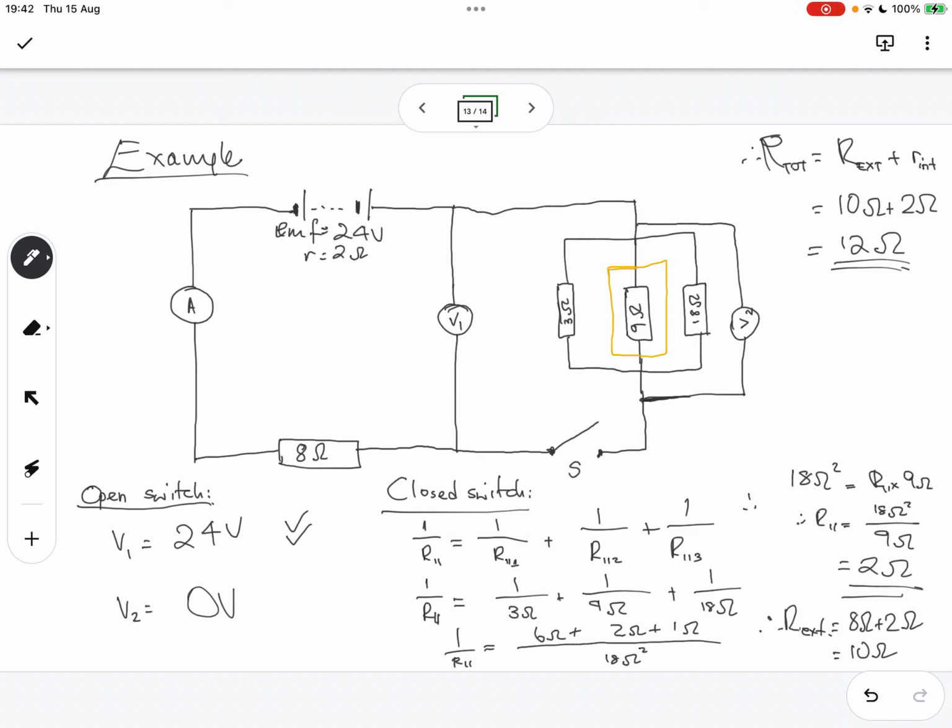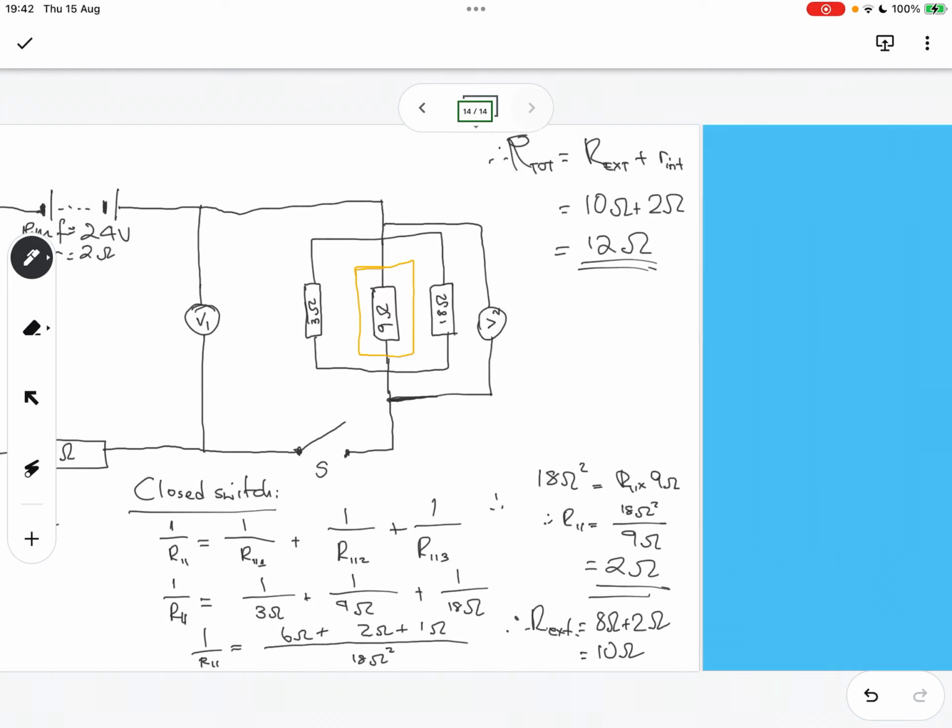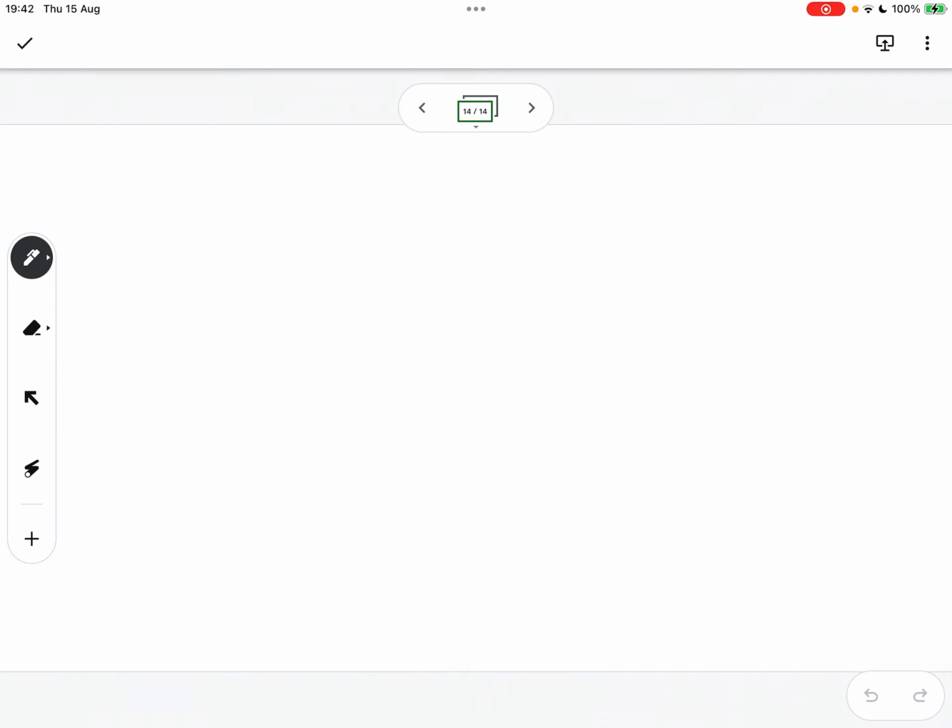Then the second part, we must calculate the current that flows through the 8 ohm resistor. So the 8 ohm resistor is connected in series.